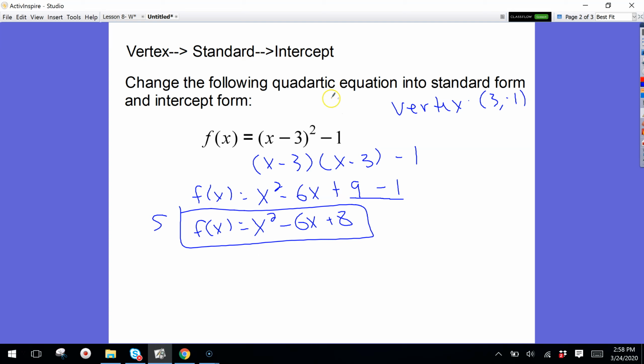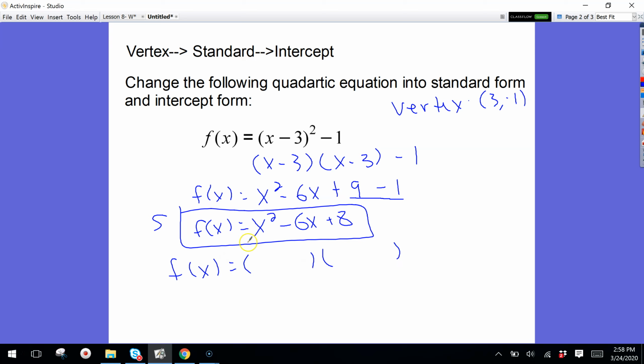Okay, so now we have to make this into the intercept form. If you remember, intercept form is just the factored form, and it tells us there are two zeros. In order to do that, we need to take our standard form equation and factor it.